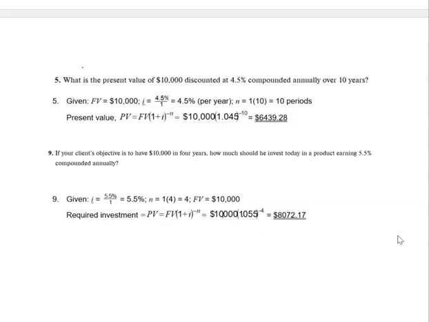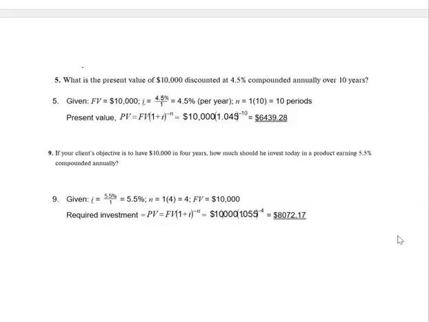So your annual interest rate and your periodic interest rate are the exact same in this situation. Your N is 1, which is your M, your number of times it's being compounded in a year, multiplied by 10 years gives 10 periods. So your N is 10.